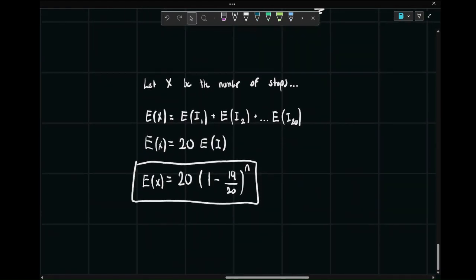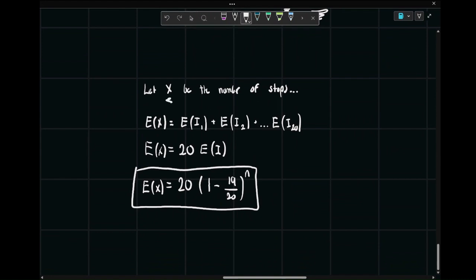Now, what we'll do is that we'll let x be the number of stops that the bus will take. So this will be the expected number of stops. Here we're going to take the expected value of x, which will be the expected value of each of these stops having a person getting off, all the way up to the 20th stop. So it'll be 20.